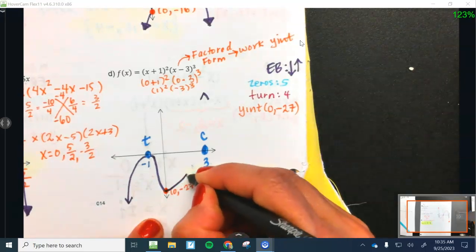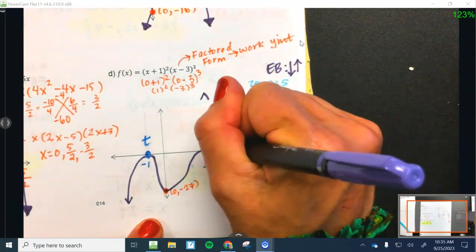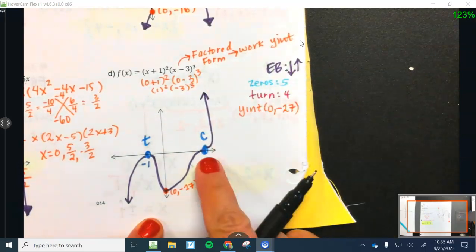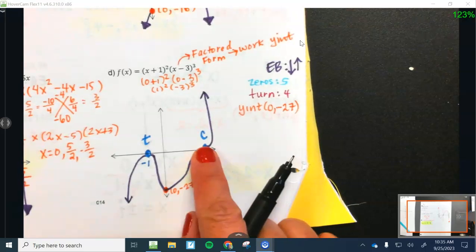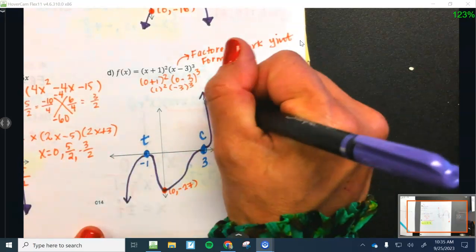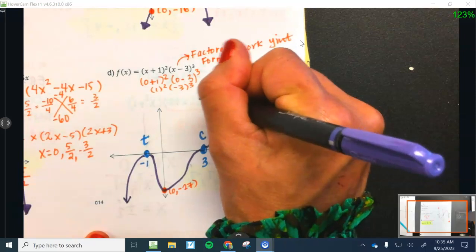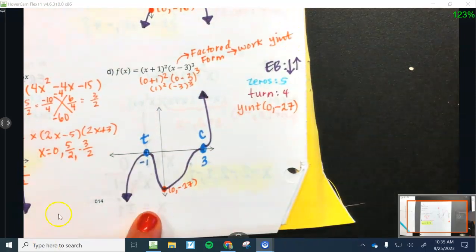Start going back up and draw your change in concavity if you can. If you can draw a little swirl there, that's great. If you can't, you still get full credit because you labeled a C right there. That's why it's so important for you to label S, T, or C depending on the exponent. That's going to be the graph for that one.